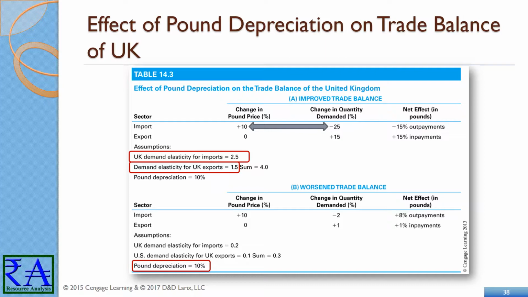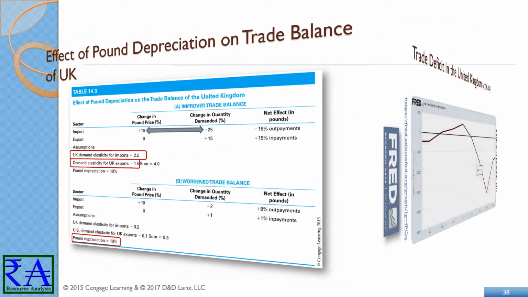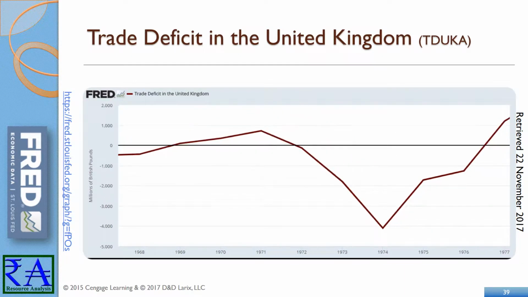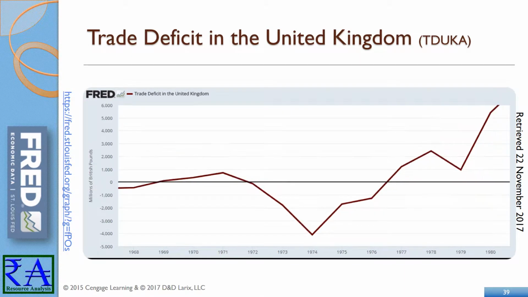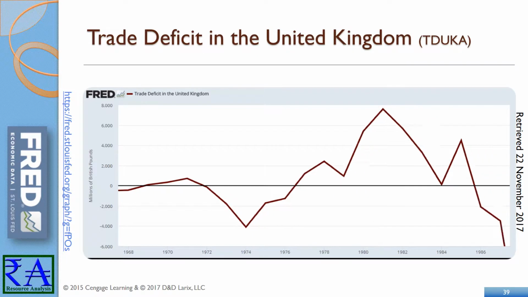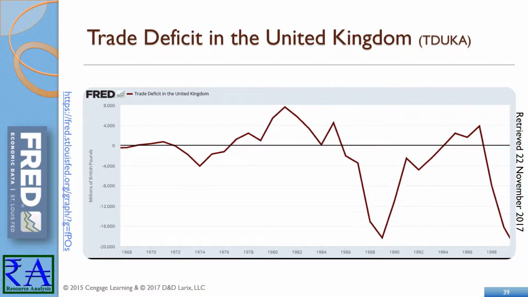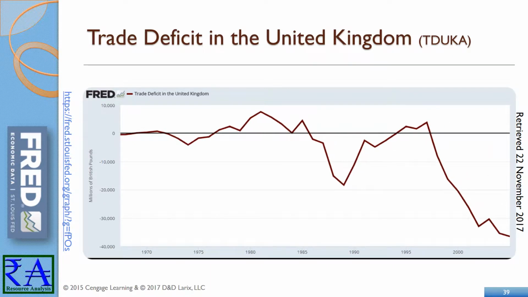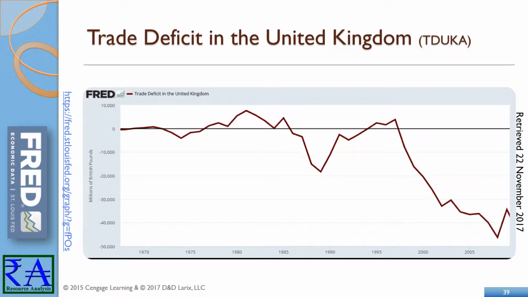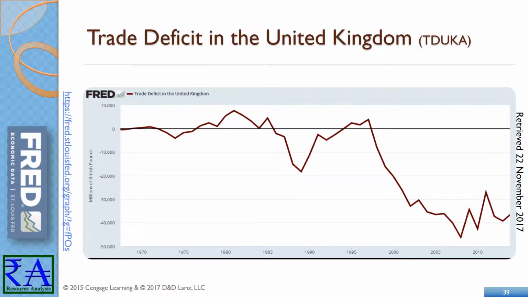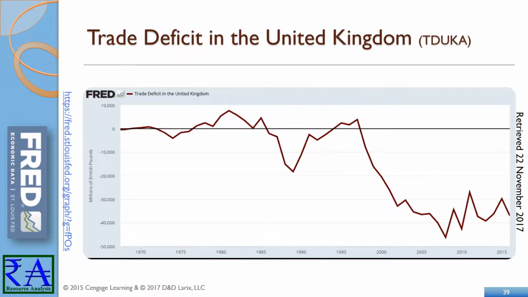On the export side of the equation, the UK pound price decrease makes the cost of UK goods exported to the US less expensive, resulting in an increased quantity of offshore sales. With an export demand elasticity of 1.5 and 10% currency devaluation, net foreign sales are stimulated by 15%. This intermix of increased exports and reduced imports reduces the UK trade deficit.